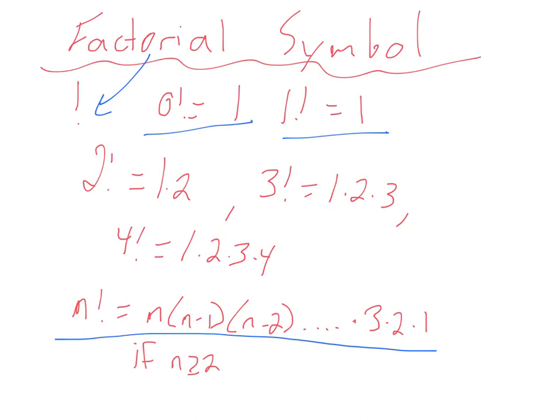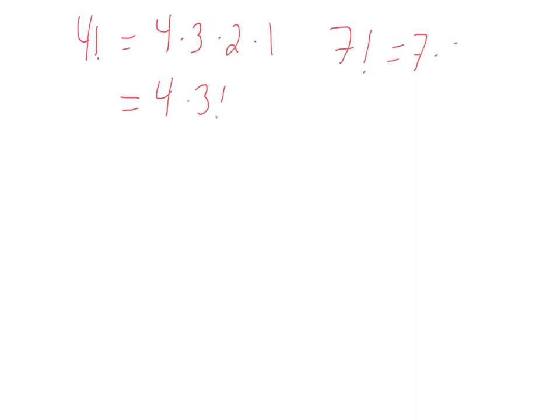There's certain algebraic problems. We have, like, 4 factorial, right? We know that's equal to 4 times 3 times 2 times 1. And so I could write that as 4 times 3 factorial. I can always, if I need to, pull the largest number off of the factorial and have it be just 4 times 3 factorial. 7 factorial could just be 7 times 6 factorial.